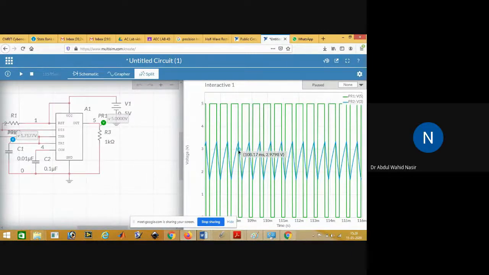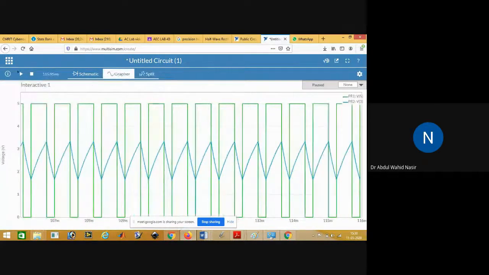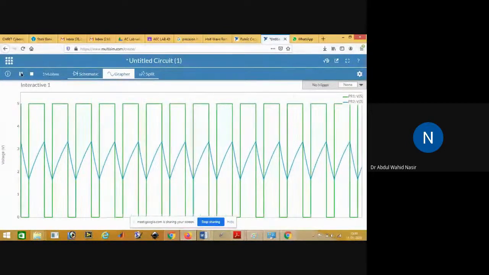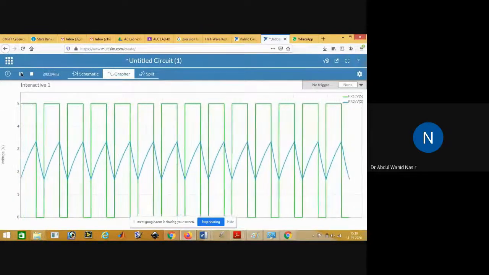We have seen how it gets charged and discharged, which depends on the values of RA and RB. It is running and we are obtaining the correct result, so our model is working fine.